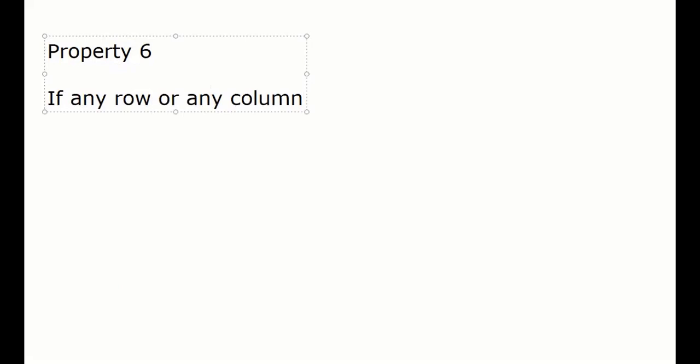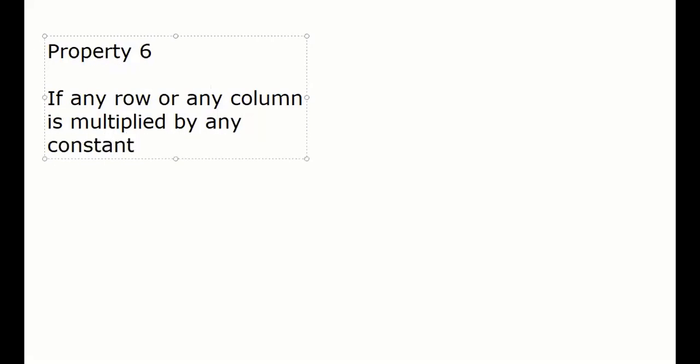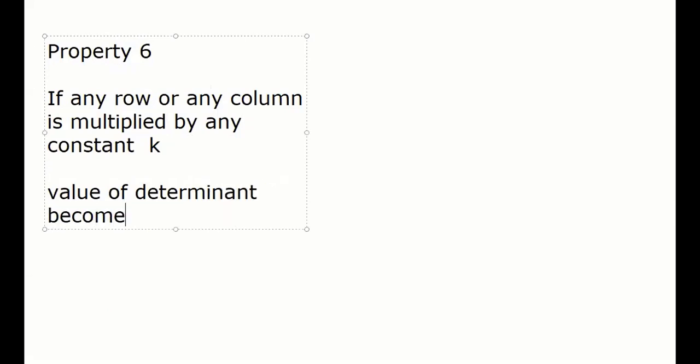Property 6: if any row or any column is multiplied by any constant, say k, where k can be a number or anything, the value of determinant obviously becomes k times the original value.